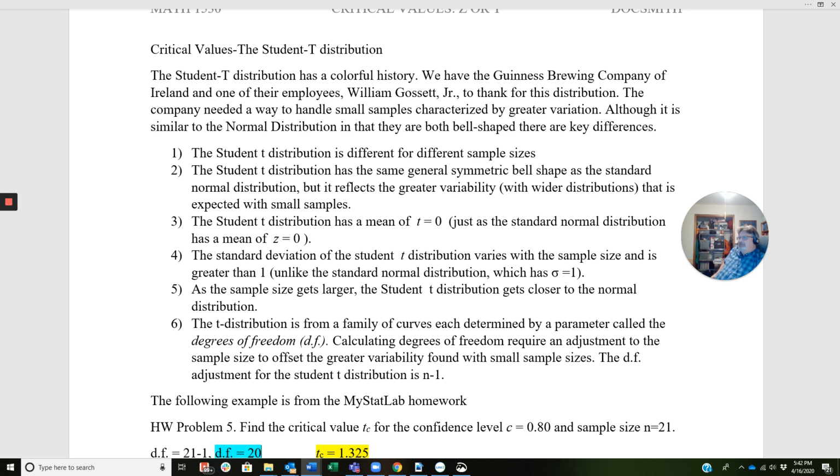Although it's similar to the normal distribution in that they are both bell-shaped, there are key differences. Before I start going through this list, I want us to remember that since we're going to have small sample sizes, they'll have to tell us that the distribution is approximately normally distributed, and we will see that in several of the questions. So the student T distribution is different for different sample sizes. The student T distribution has the same bell shape, but reflects the greater variability with wider distributions that is expected with small samples.